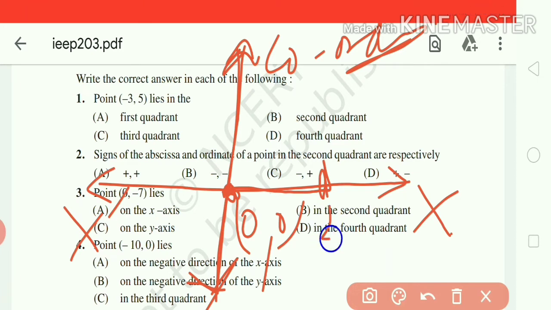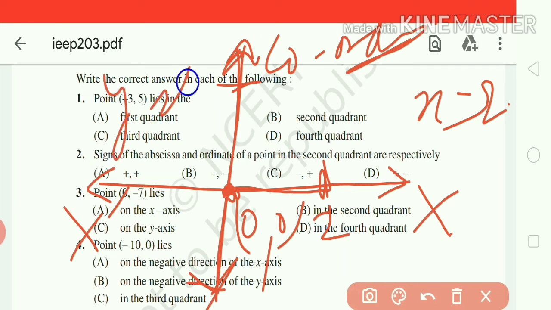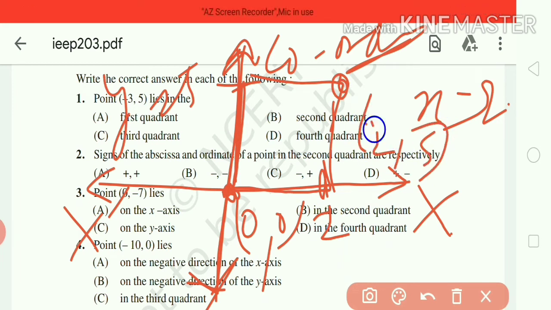If you have 2 here, so x equal to 2 is called the abscissa. If you have y equal to 5, this is called the ordinate, and where the abscissa and ordinate meet, this is the point (2, 5). The value of x, the abscissa, is written first, then a comma, and then the value of y under the small bracket. This is the coordinate.